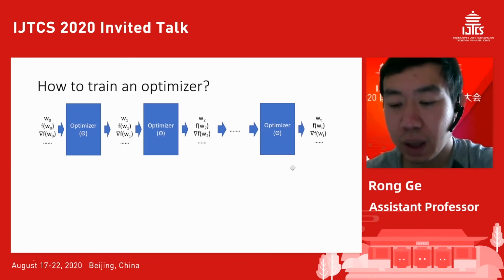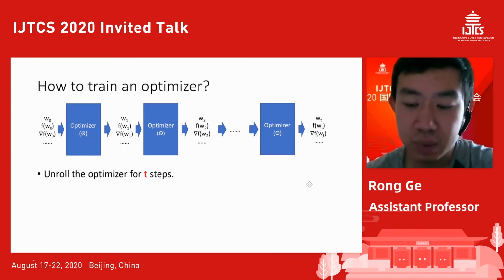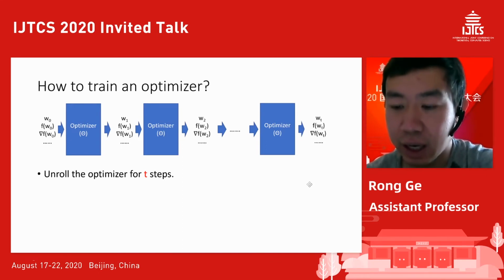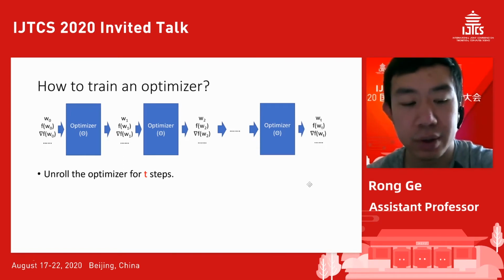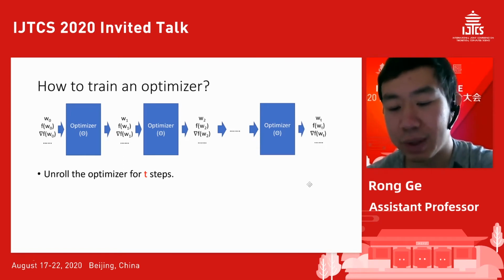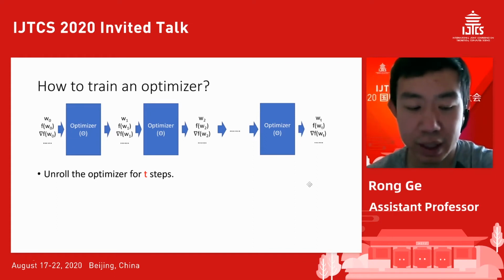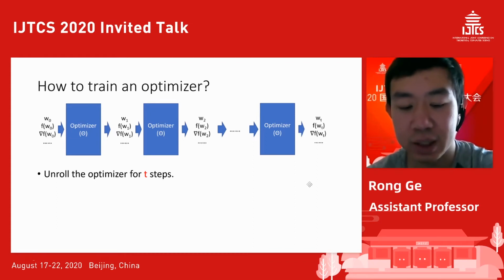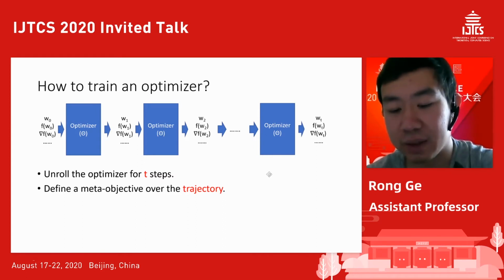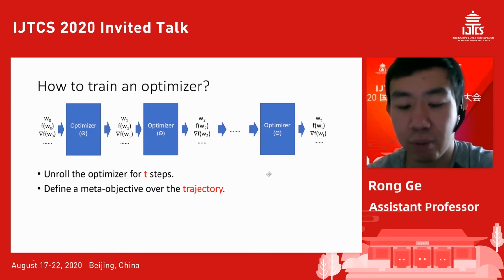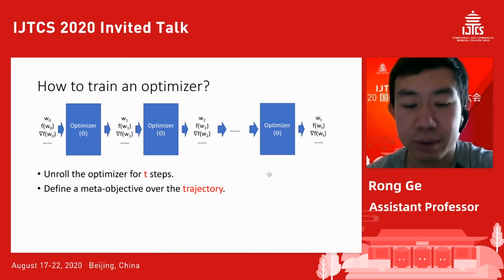And now you have a trajectory of the optimizer. So the optimizer told you to go from W0 to W1 to W2 all the way to WT, right? You have the trajectory of the optimizer for T steps. Now you can define a meta-objective over the trajectory. What would a typical meta-objective look like?